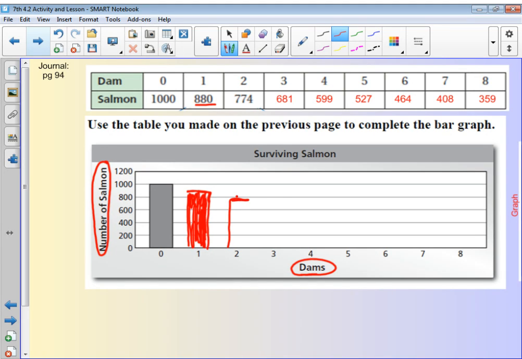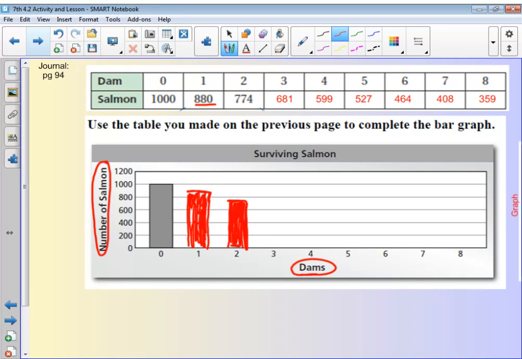And create our bar. Remember, each of those spaces is worth 200. I'm going to erase just the top part of that. Okay. And then at dam 3, we had 681. So that's a little under 700.